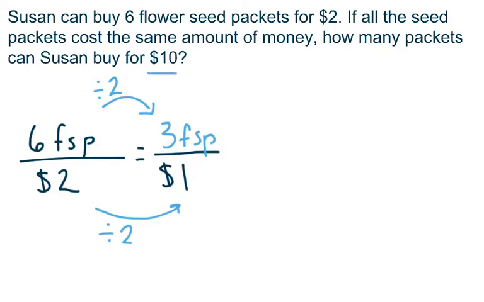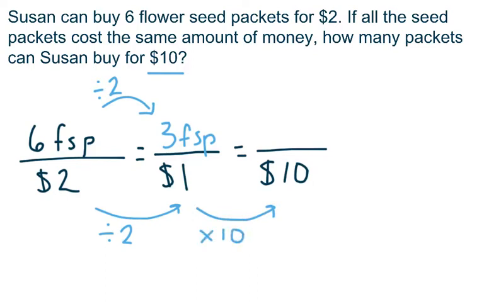And now I know that I have to somehow get to $10. So let's set that up here. $10 for some unknown amount of flower seed packets. So how do I get from $1 to $10? Well, that's easy. I multiply by 10.